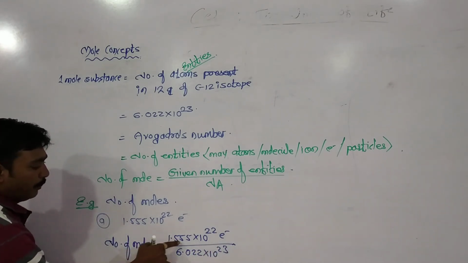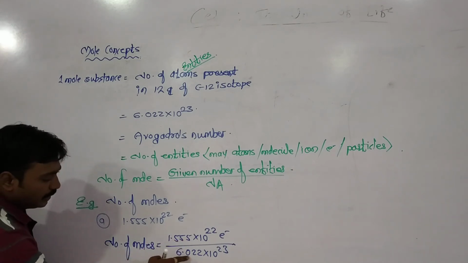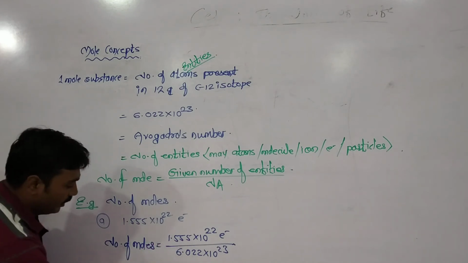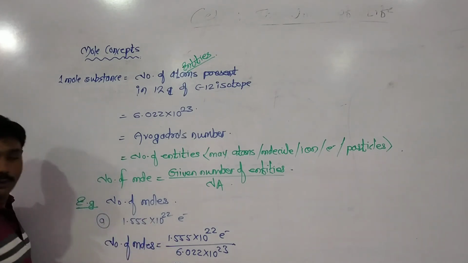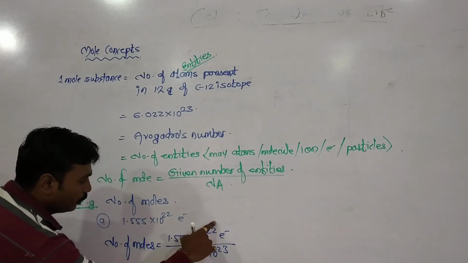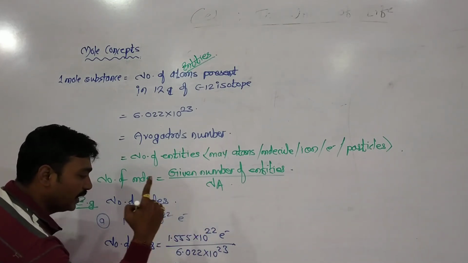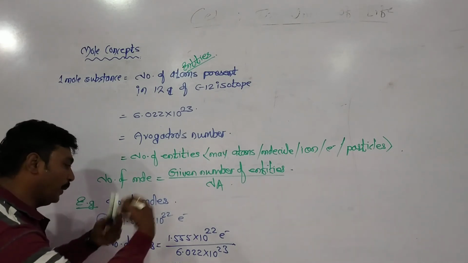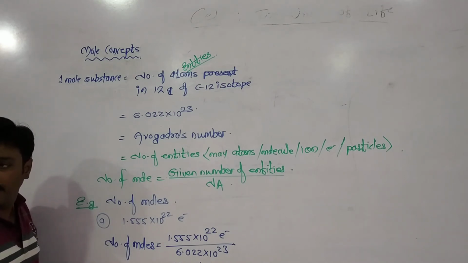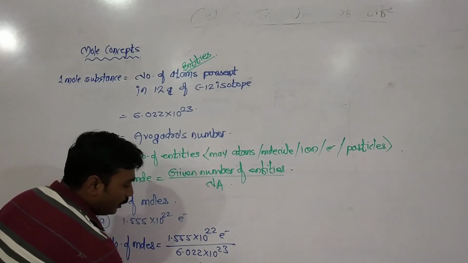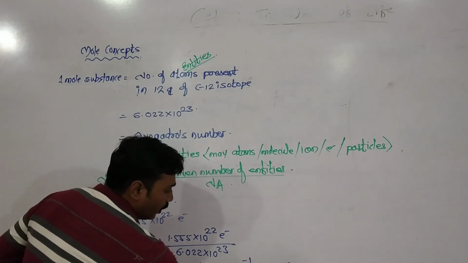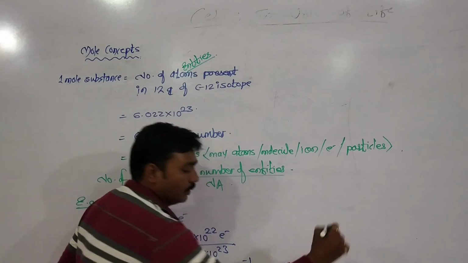Now 6.022 is divisible by 1.555 by a factor of 4, so it will become 1 by 4, and this 10 to the power 22 will cancel 10 to the power 1, which will be 10 to the power minus 1 in the numerator. 1 by 4 is 0.25 into 10 to the power minus 1. So finally it will become 0.025 mole electron.